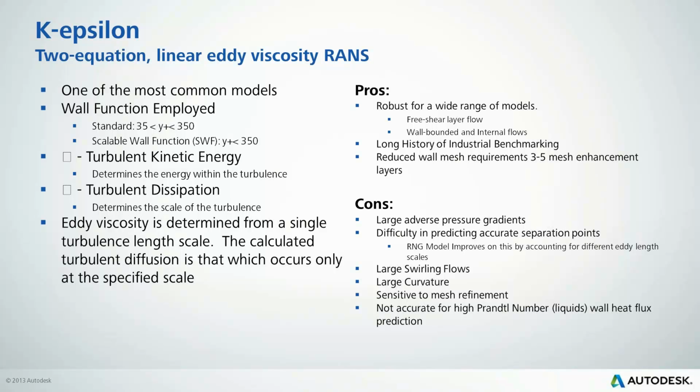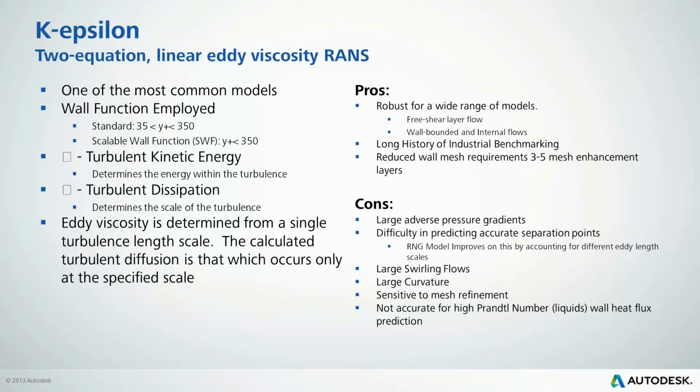Where that separation occurs, you start getting some backflow along the wing wall surface itself, basically against the primary flow direction, and then you have the primary flow going over that section. That forward and back movement is where this adverse pressure gradient occurs. And K-epsilon generally does not do a good job of capturing that.